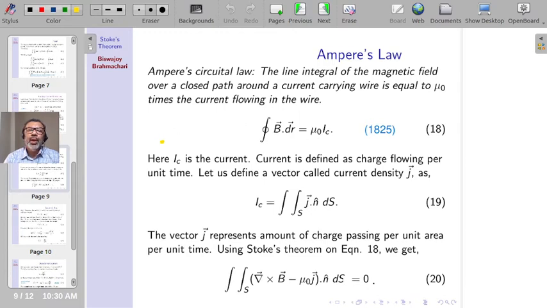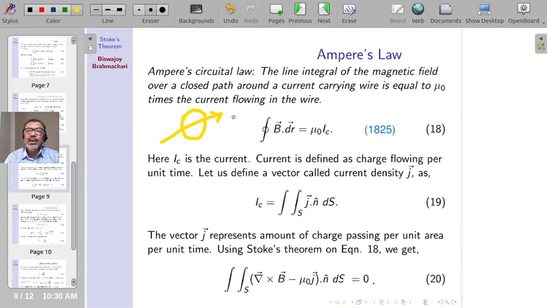So here, if you have a current carrying wire, and if you take a curve which encloses the current carrying wire, and this curve is a closed curve, then the line integral of the magnetic field over this closed curve is equal to μ0 times I_C. I_C is the current flowing through this wire.